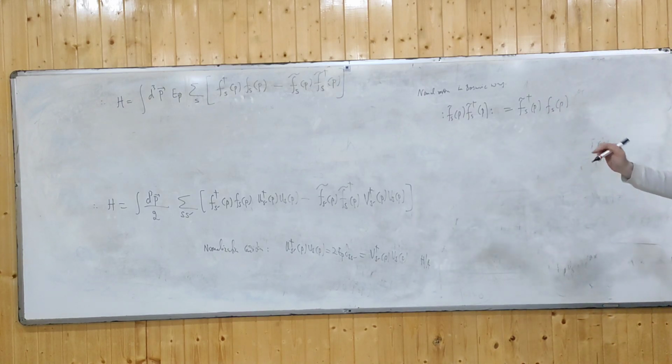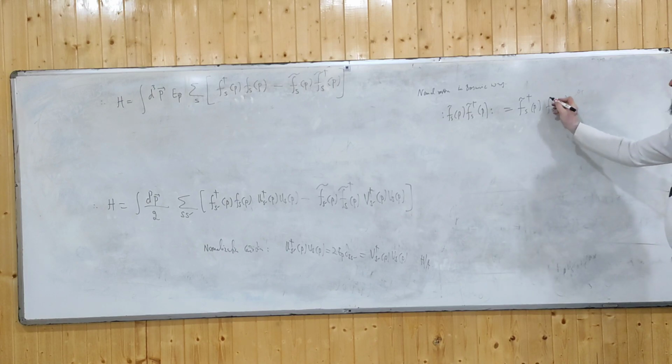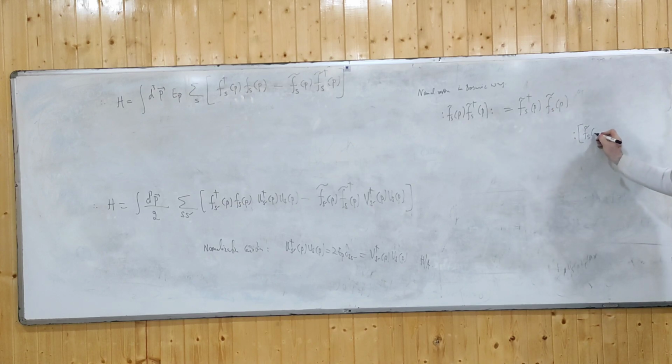This objective is already normal ordered. If I do the bosonic way, it is not S prime, it's S. Just put the annihilation operator towards the creation operator. Clear? Such that this commutation vanishes for F tilde S of P. So the normal order of this thing vanishes. That means I have imposed actually a commutation relation, is it?